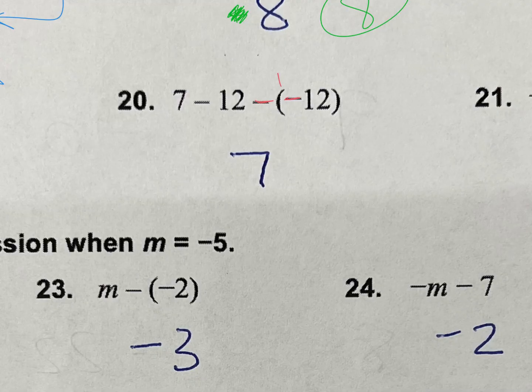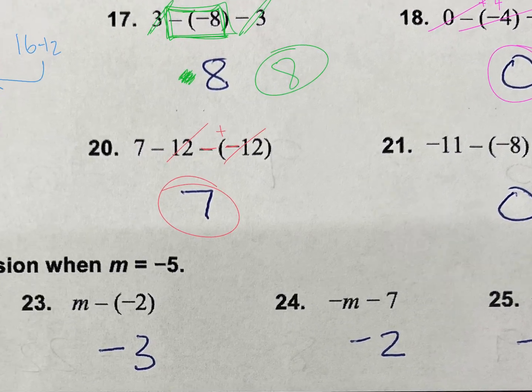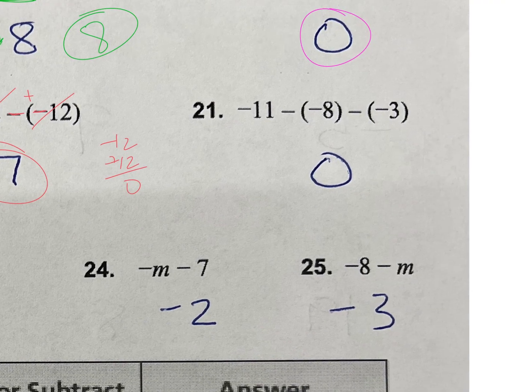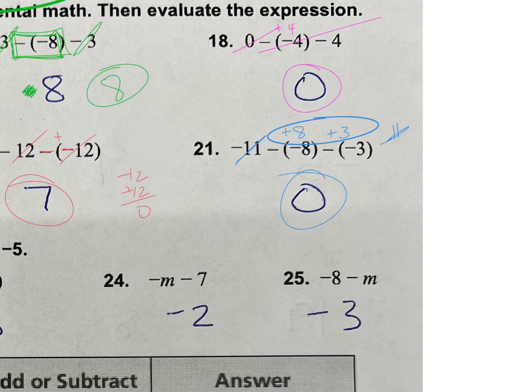Removing negativity is positive, and then those would cancel. And in fact, what do you mean by cancel? Negative 12 plus 12 is 0. They've canceled each other out. And then this one is kind of like the first one, and then I'm like, okay, I guess. Positive 8, positive 3, well, that's 11. And then negative 11 and 11 go to 0.